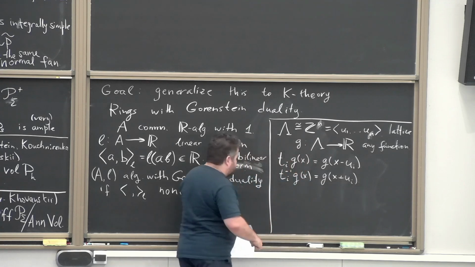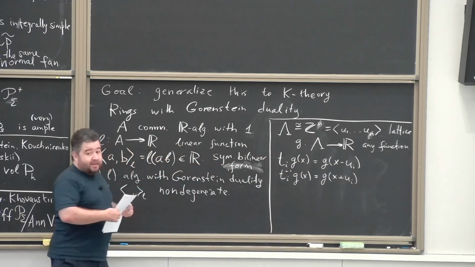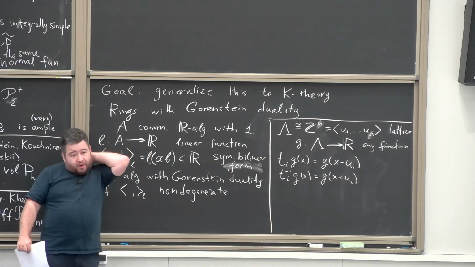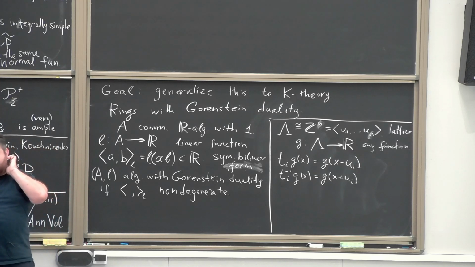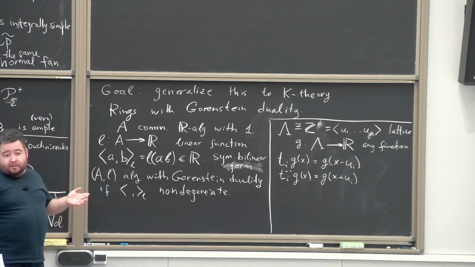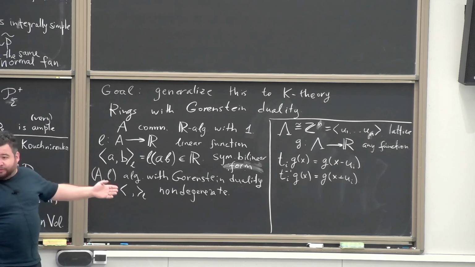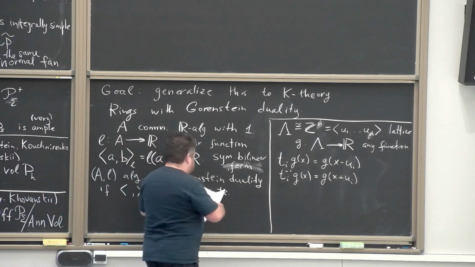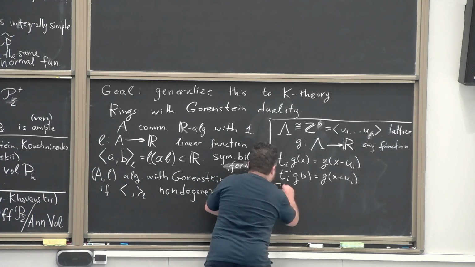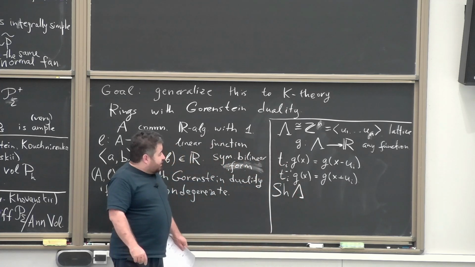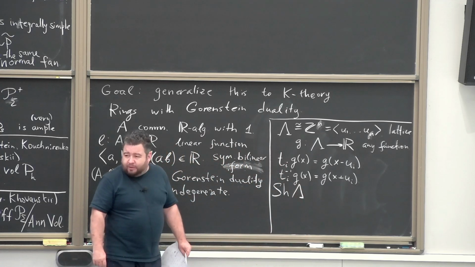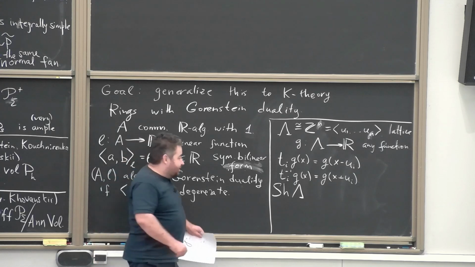So I have these operators that act on my lattice, and I can take their products and their linear combinations, so I get an algebra of shifts. I'll denote it by shifts of lambda. In a sense, it's nothing but a group algebra of this lattice, right?